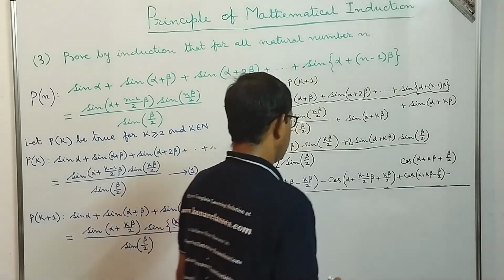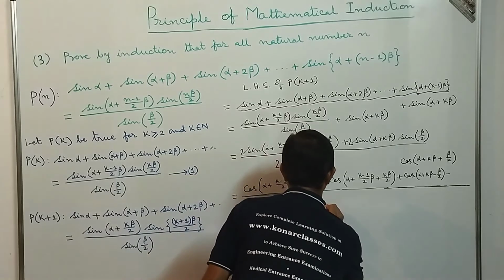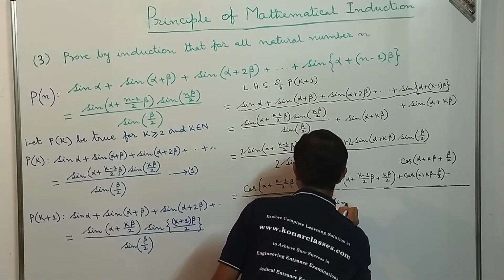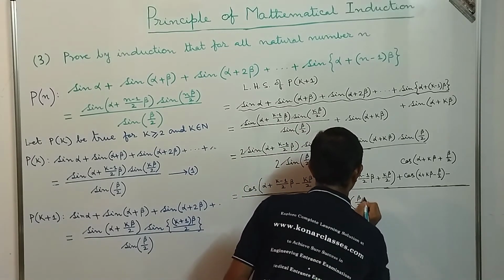Correct? And in the denominator, whatever is there, 2 sin(β/2).